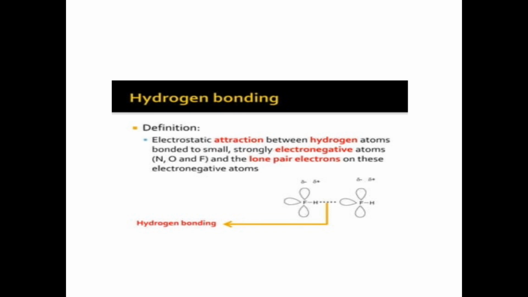So the electrostatic attraction is created when hydrogen is bonded to an electronegative atom and the lone pair of electrons on the electronegative atom. You can see on the picture there how these bonds are formed from fluorine to hydrogen. Then an electrostatic interaction is created that leads to the hydrogen bonding.